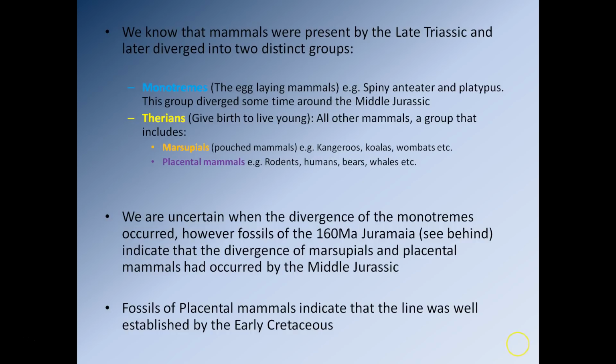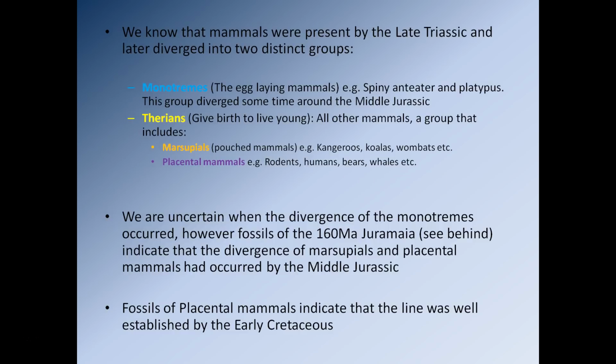Then we have the second group, which are the therians, and they give birth to live young. And essentially that's all other mammals, and this group, the therians, is split into the marsupials, or the pouched mammals, that's kangaroos, koalas and wombats, and the placental mammals, that's the group that includes rodents, humans, bears, whales, etc.